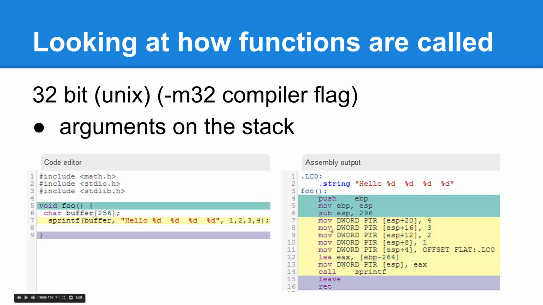So what it's doing is moving the arguments 4, 3, 2, 1, in order from right to left, onto the stack. And then it makes the final call to sprintf after loading a destination pointer for the destination buffer.